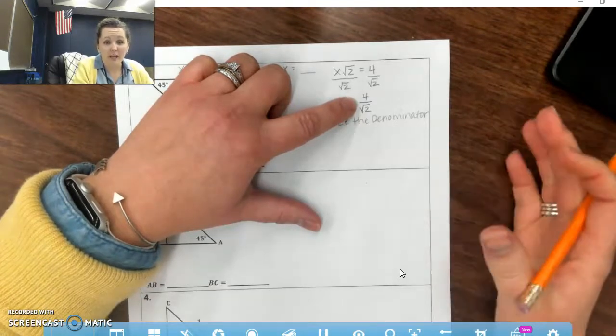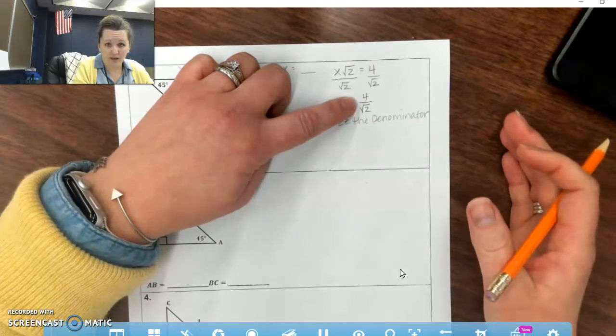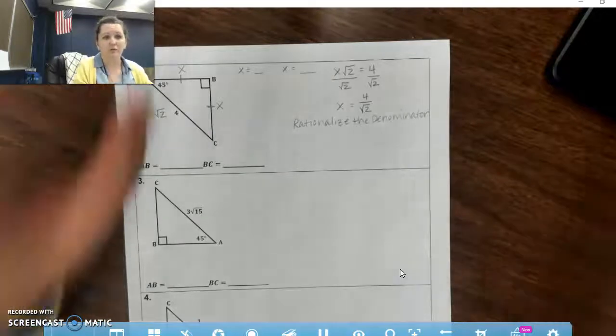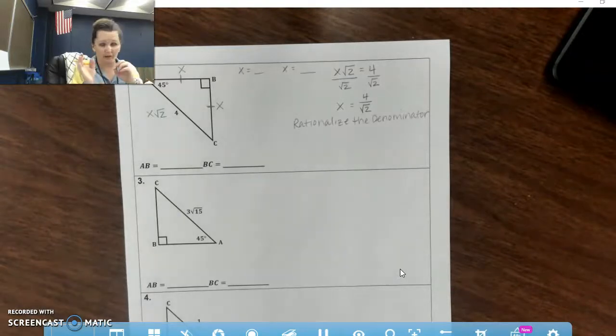Well, I can't change a number without changing its value, so I have to change what it looks like without changing the actual value of the number. I know that's confusing. The only way I can do that is to multiply it by 1. That's the only way that I can change a number without changing its value.